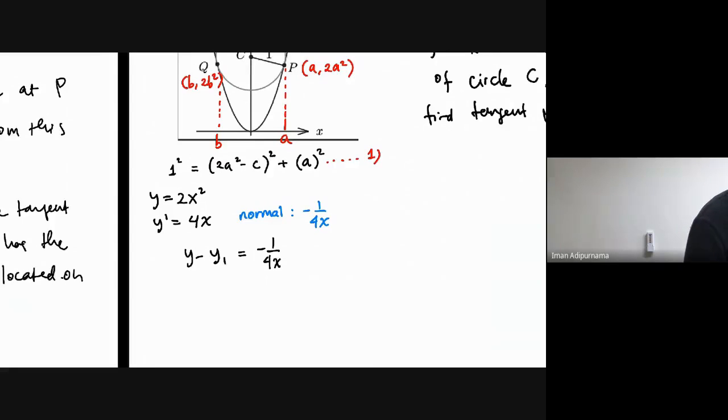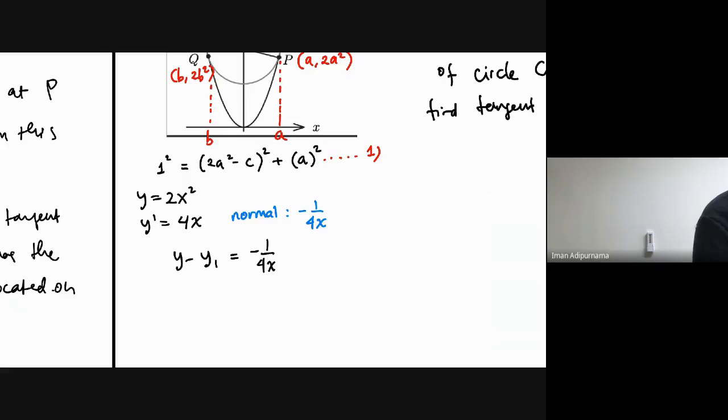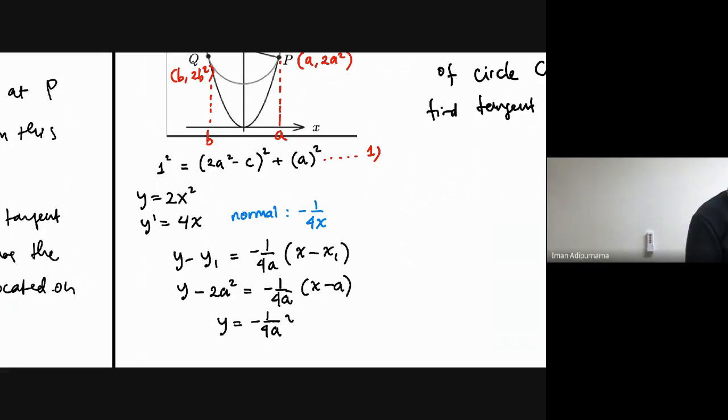Let's say at A. So y minus 2a squared equals negative 1 over 4a times x, and we get a linear equation, right? And then plus 2a squared plus 1 over 4.